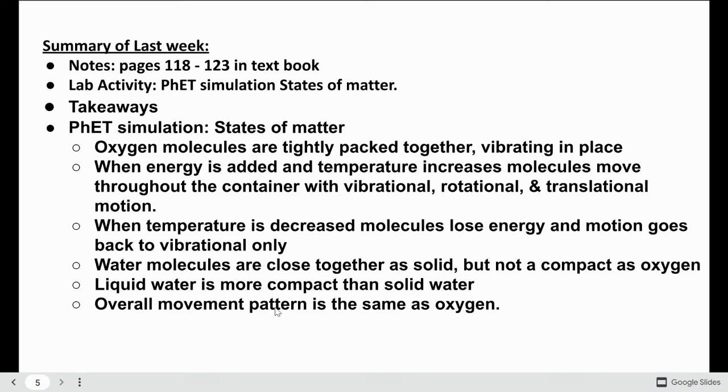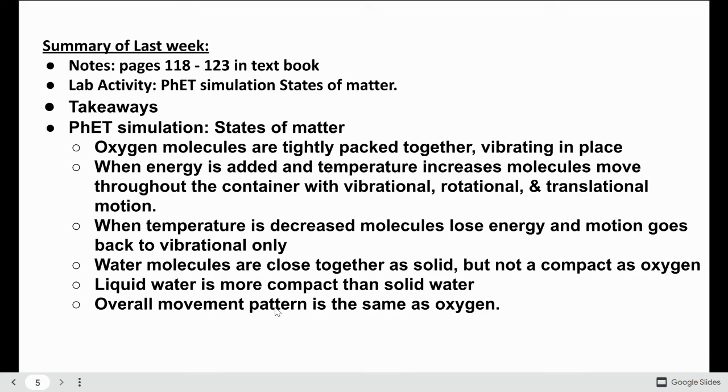Oxygen molecules are tightly packed and vibrating in place when we start out as a solid. When energy is added and temperature increases, molecules move throughout the container and now have vibrational, rotational, and translational motion. And when the temperature is decreased, molecules lose that energy and the motion goes back to vibrational only because we get back to a solid. The water molecules, movement-wise, have the same pattern as oxygen.